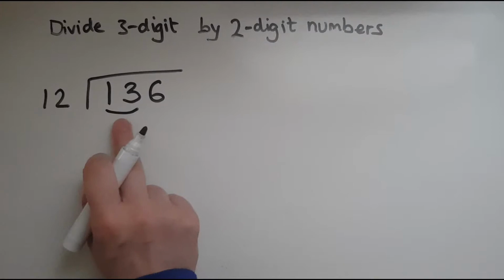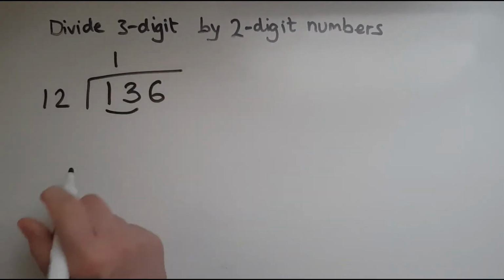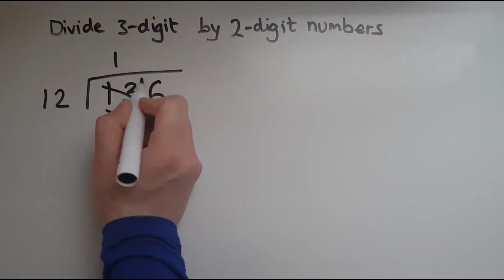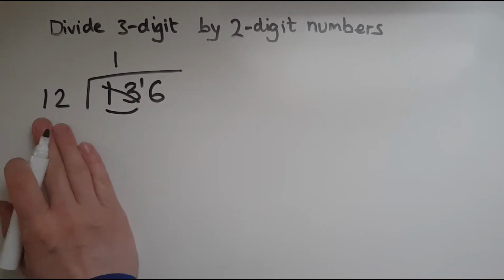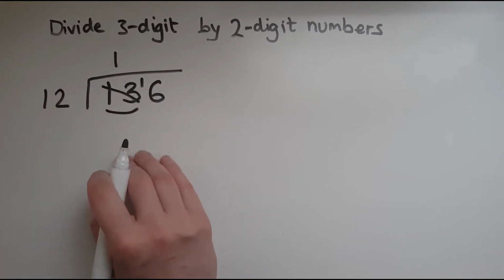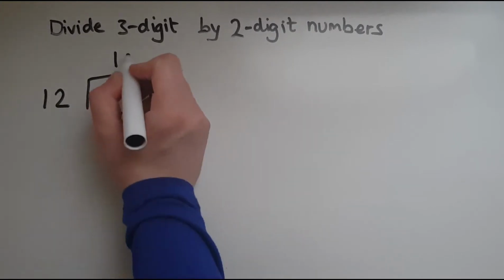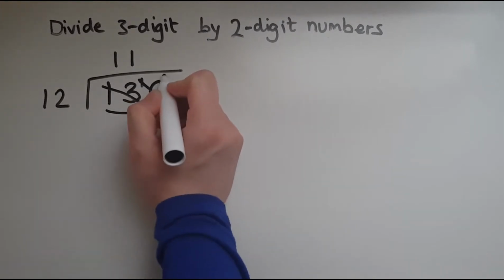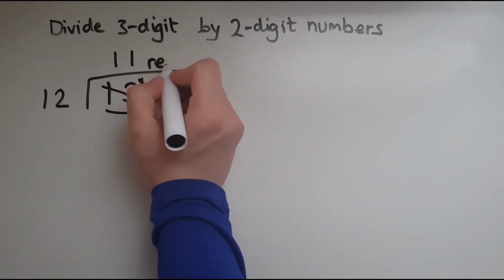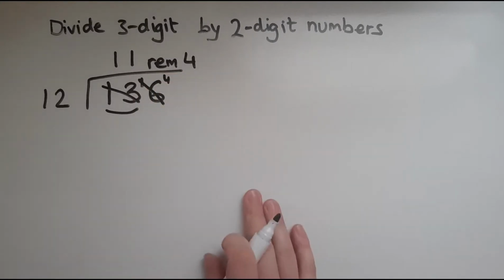How many 12 fit into 13? That's just one of them, and there is one remaining. So now we'll try and fit 12 into 16, and there is just one of them fitting. So that makes 11, but there are 4 remaining, so 11 remaining 4 is the answer.